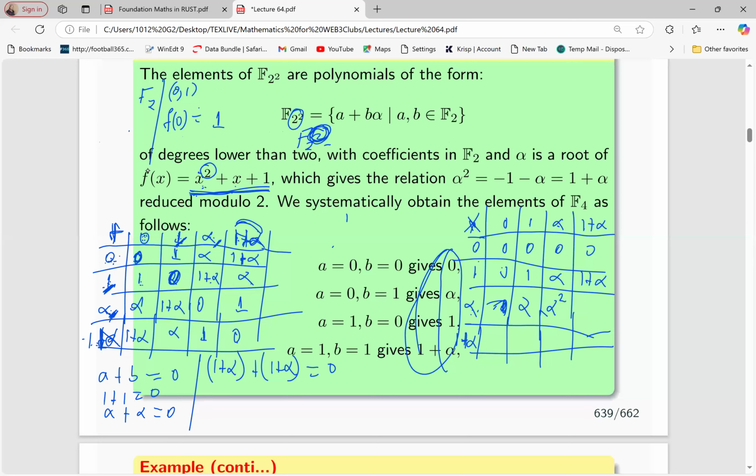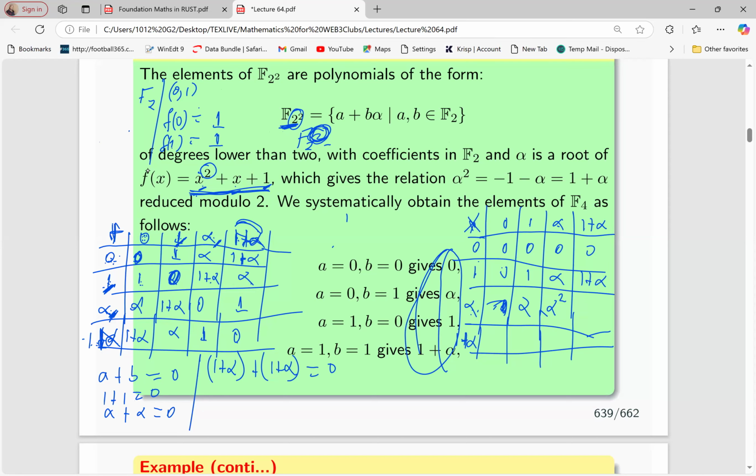You also try 1. When you try 1, you get 1 squared plus 1, that gives you 2, then plus 1, that gives you 3. But you are doing it mod 2, so that gives you again 1. So that means 1 is not a solution to this polynomial. So the polynomial, therefore, is irreducible.